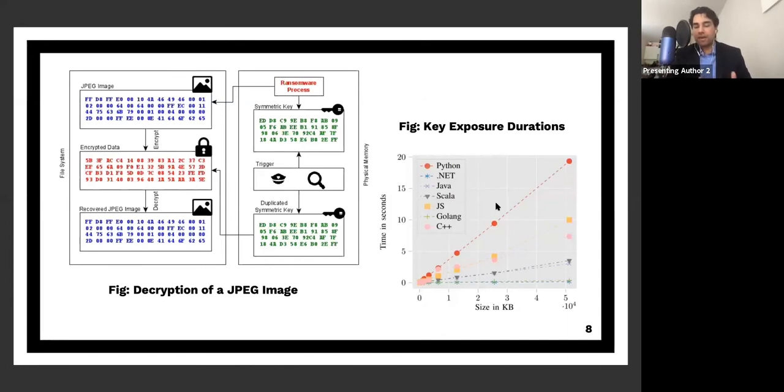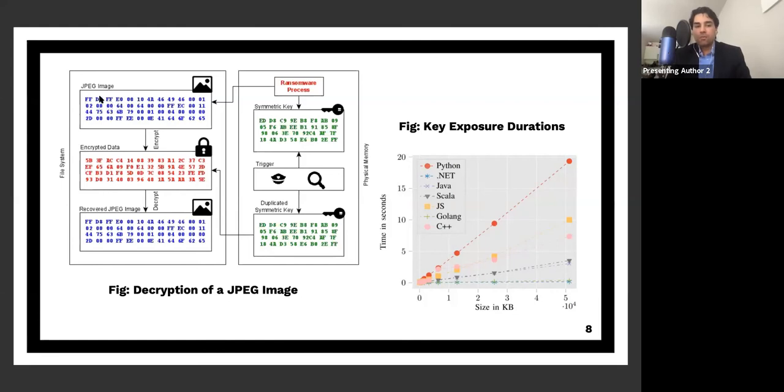The simplest POC is we take a real-world ransomware, and we have, for example, a JPEG image in this case. I know you probably can't read the bytes, but those are all bytes pertaining to the image. In the beginning, those are magic bytes pertaining to the JPEG image.